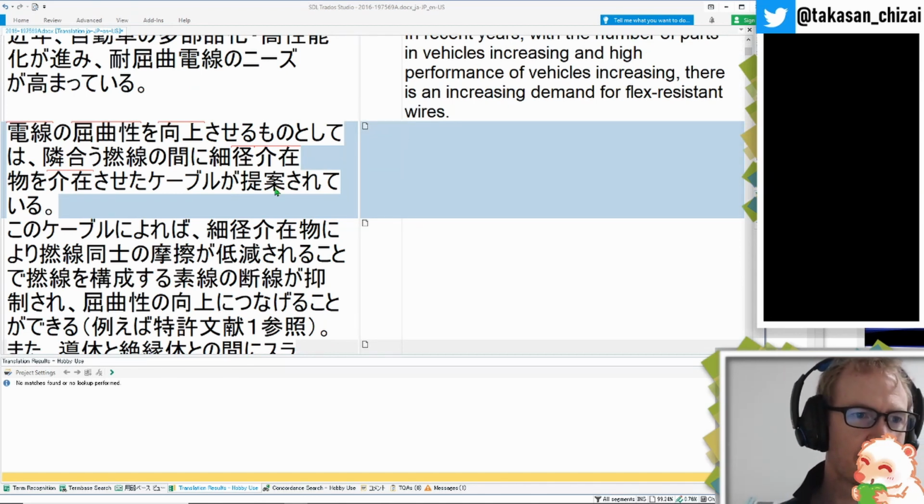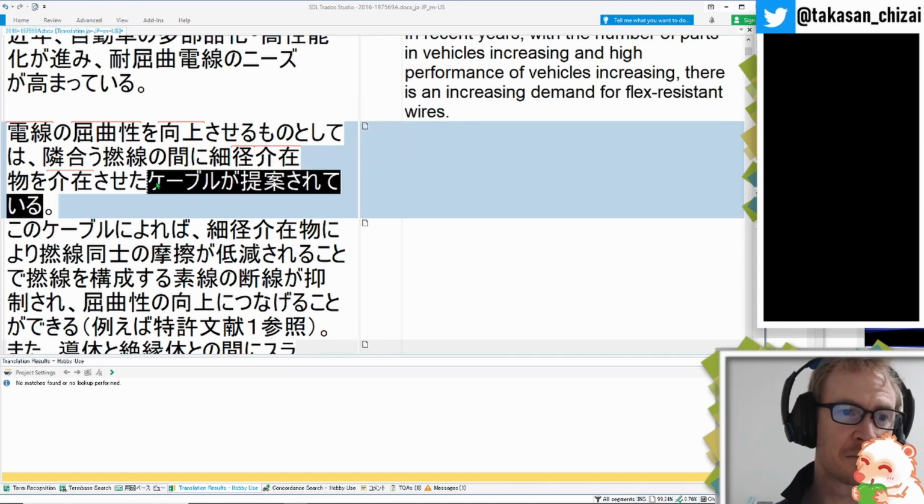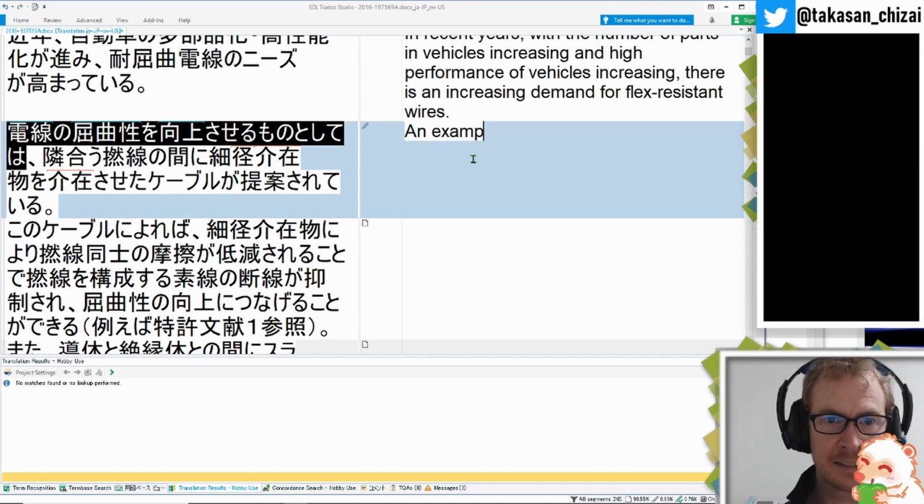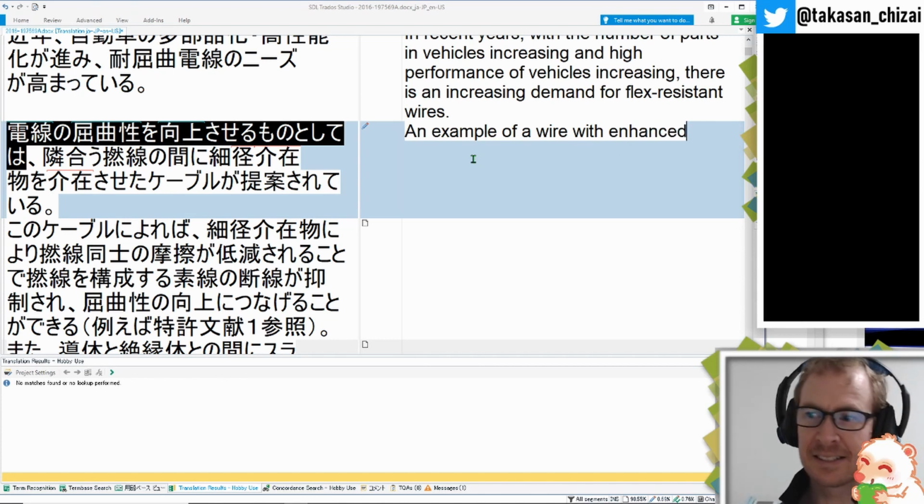So it's saying that in the art, there are already some things that have been proposed. So how do we do this? So we go an example of a wire with enhanced, improved and enhanced.